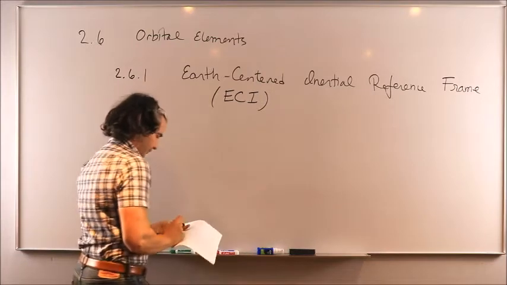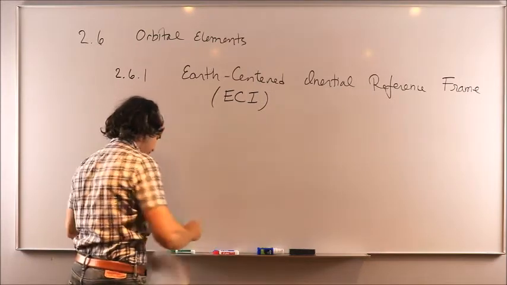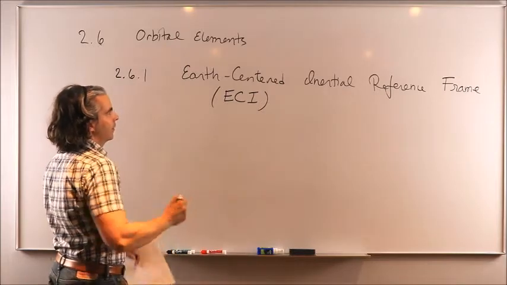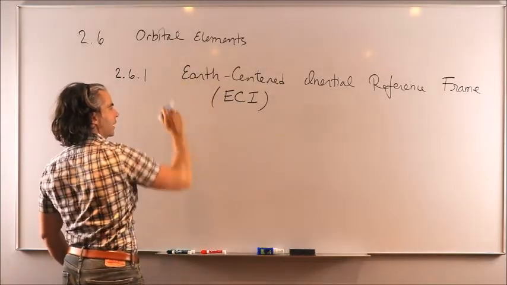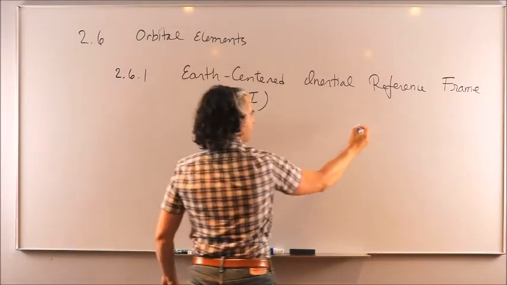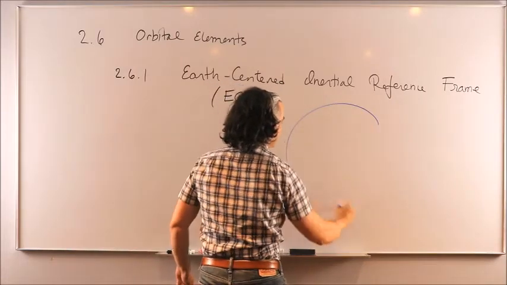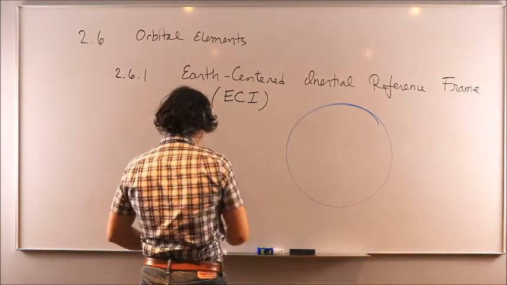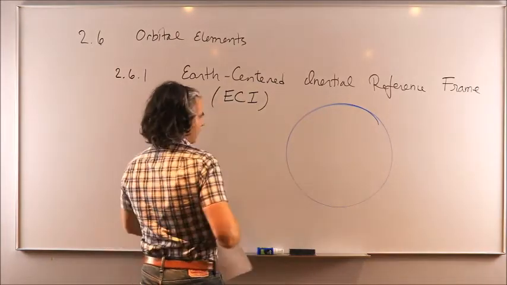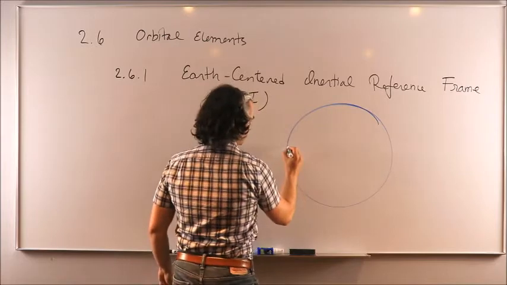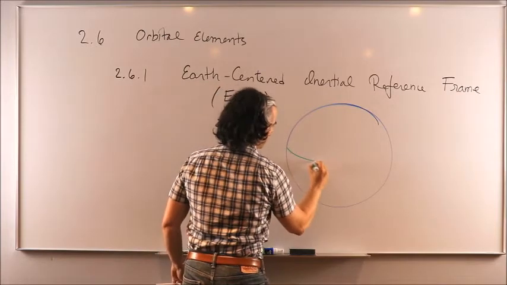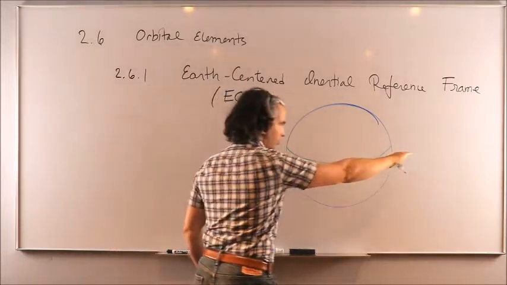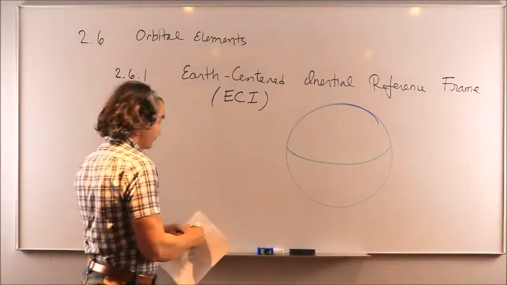So let's see how this reference frame is positioned and aligned with respect to, obviously, the Earth, okay? So if this is the Earth, like that, with its equator here, and ultimately an equatorial plane that goes through the equator, like that.